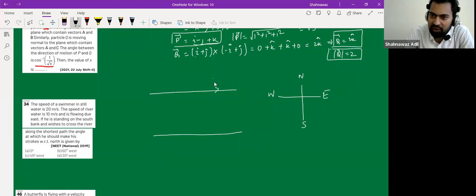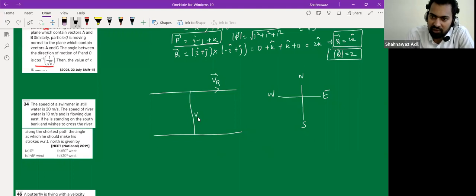So this is how the river is flowing, right? And if he is standing on the south bank and wishes to cross the river along the shortest path, so this is the resultant.